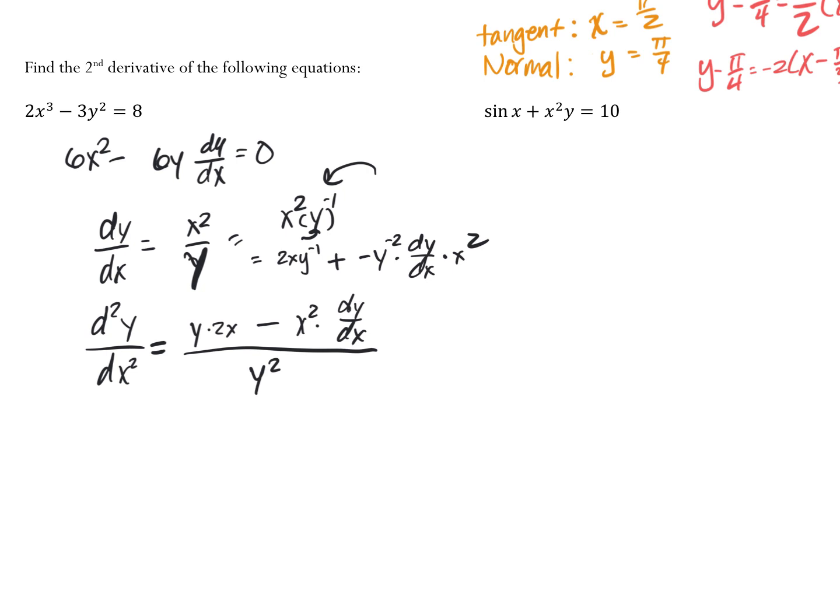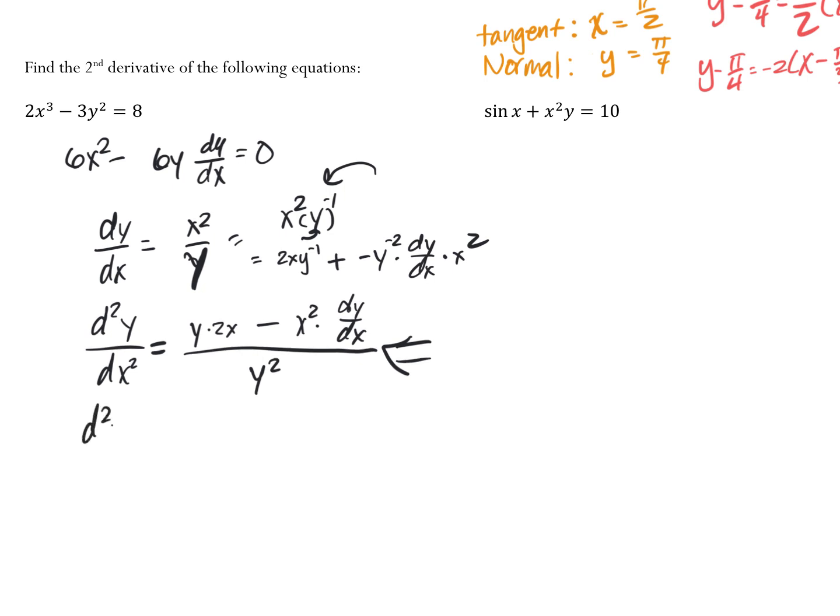All right, why am I not okay with this answer the way it is? This one. Yeah, this needs to be in terms of x and y, and the second derivative currently is not in terms of x and y. Is everybody with me? Okay. So what do I do?